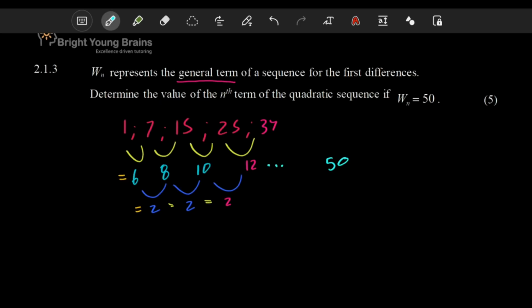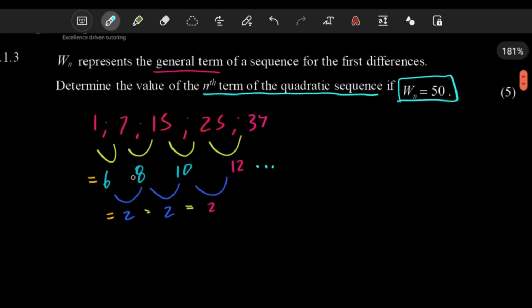I jumped the gun, let's erase the 50. Let me repeat. Wn here represents the general term for the sequence of first differences. So whatever Wn is, it is the general term for this sequence here, 6, 8, 10, 12, going on and on. And then it says determine the nth term of the quadratic sequence if Wn is equal to 50.